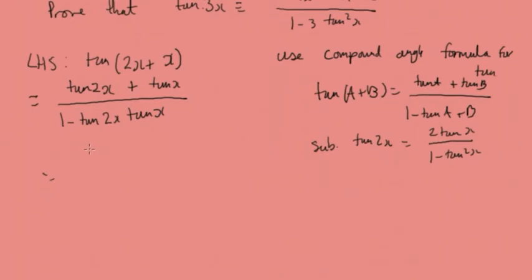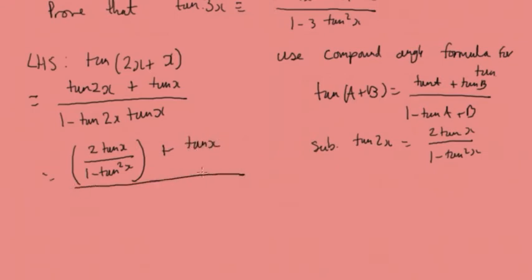So this is 2 tan x over 1 minus tan squared x, and we're going to put that into a big bracket just to keep it somewhat tidy, over 1 minus tan x, then we've got our 2 tan x over 1 minus tan squared x.